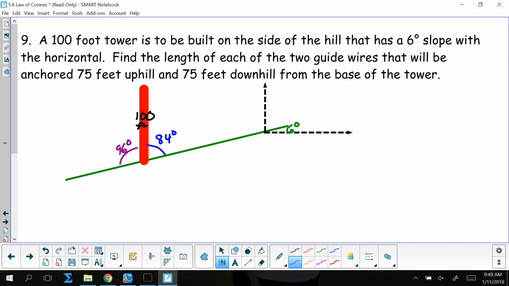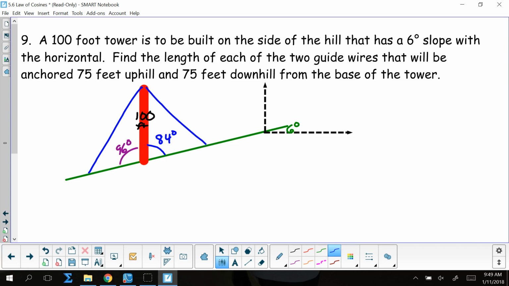Now, attached to our 100-foot tower are guide wires. Sometimes you'll hear them referred to as guy wires because guide, when you're speaking fast, just sounds like guy. That's a wire that's attached to something, and it's used for stability. So there's a guy wire coming down there, and a guy wire coming down there.